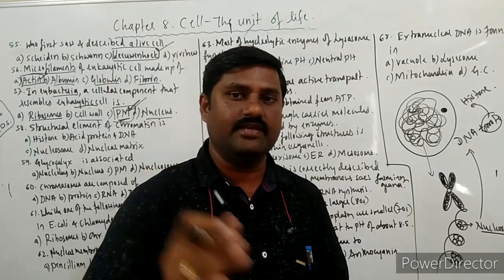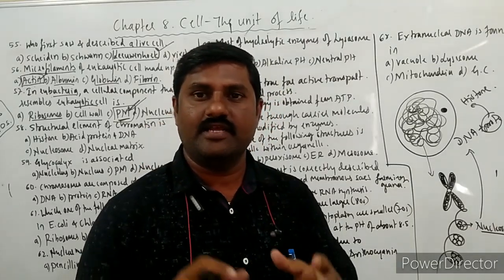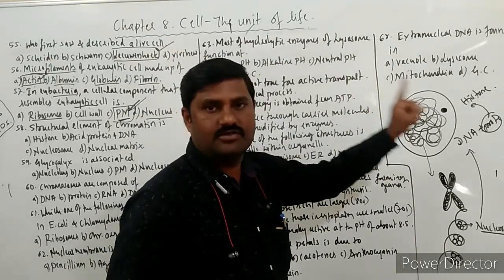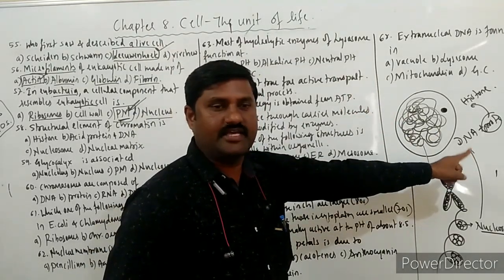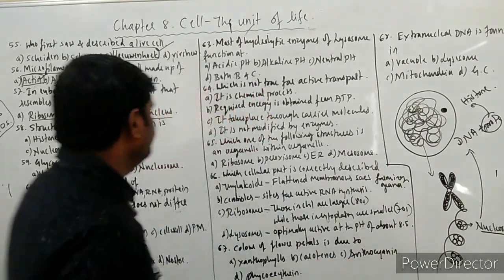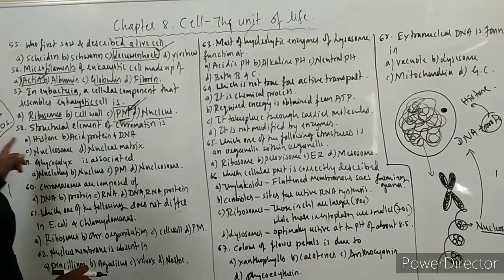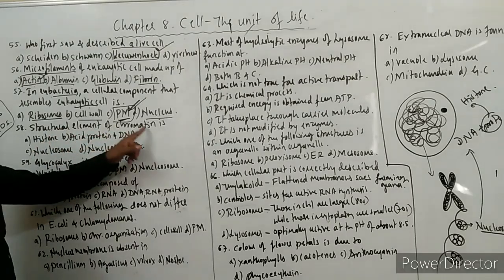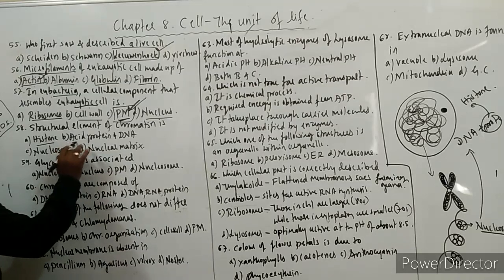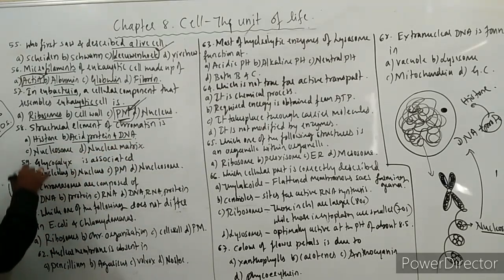Clearly in theory we have discussed this. In NCERT it is not mentioned, but here the question arises, so for that reason I have explained this concept. I hope it is very clear to you to solve this. The structural element of chromatin is not histone, it is not acid protein as well as DNA, it is nucleosome.